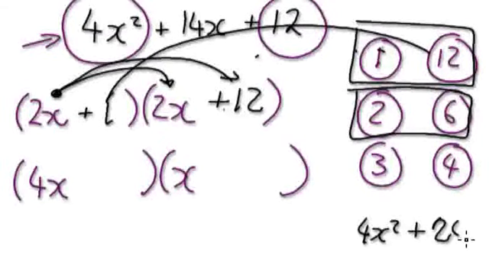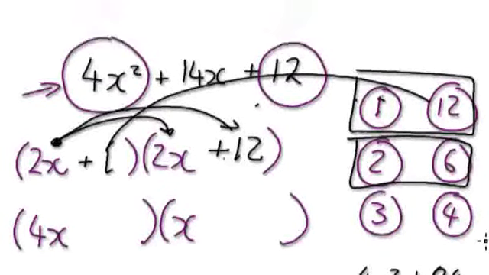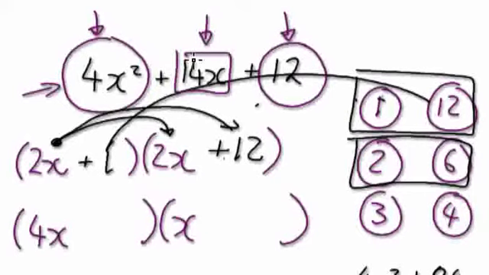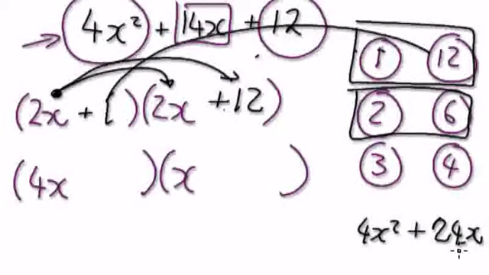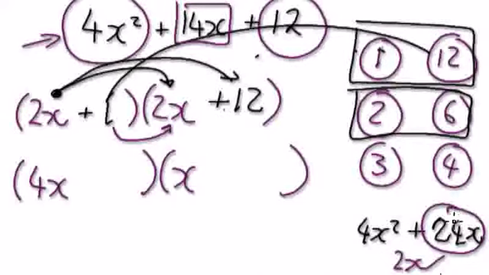Remember, we are just concerned about getting the 14x here, because we know this matched up already and this also matched up. Now this times this would give us 2x. So here you can see it's going to be 24x plus 2x, which gives us 26x. So that's no good.